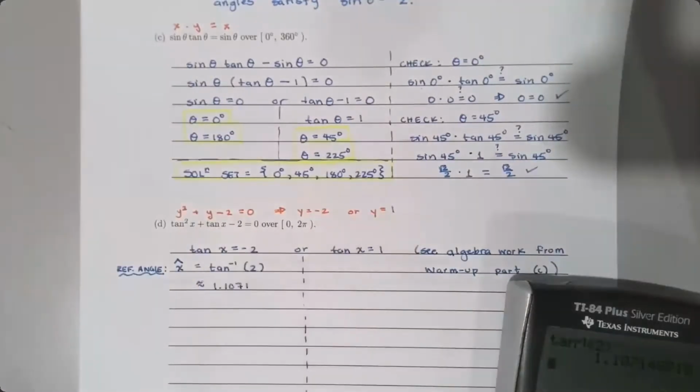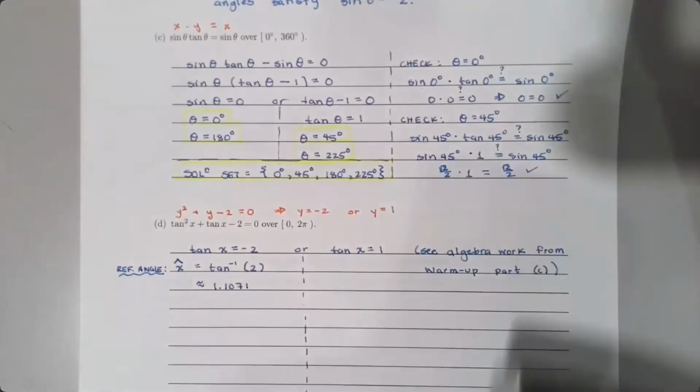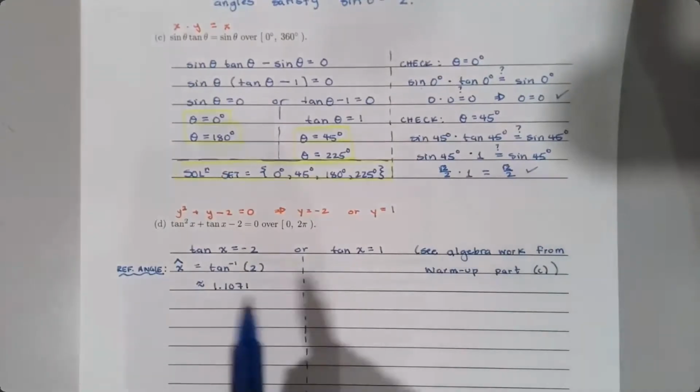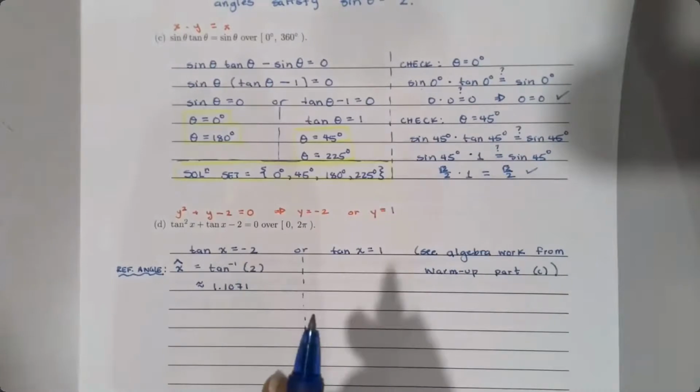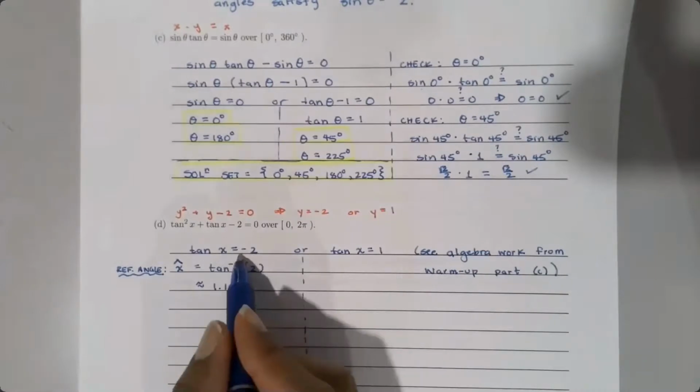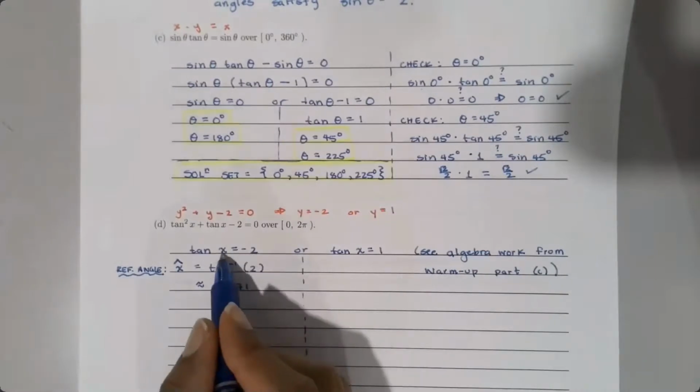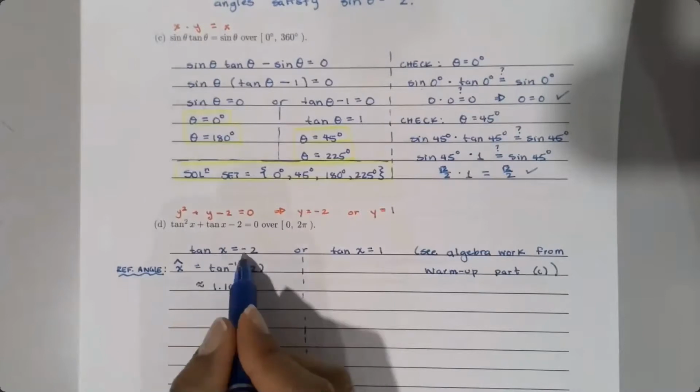But that is only the reference angle. It doesn't mean that it's going to solve our problem. We now have to use that reference angle to find the actual angles x that satisfy this. So let's think about it for a second. This angle x has a tangent that's negative. So in which quadrants do we have negative tangent?